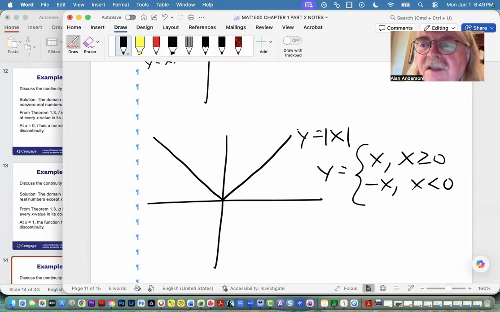So absolute value is a piecewise function.